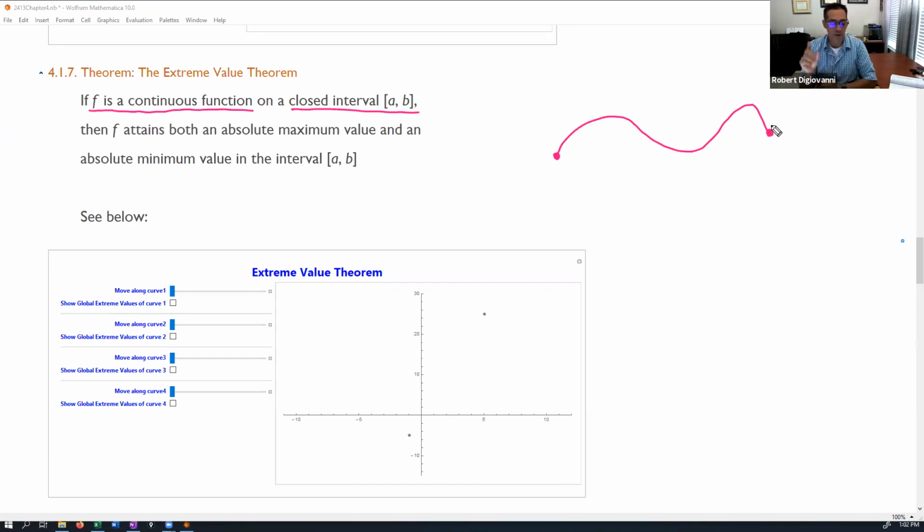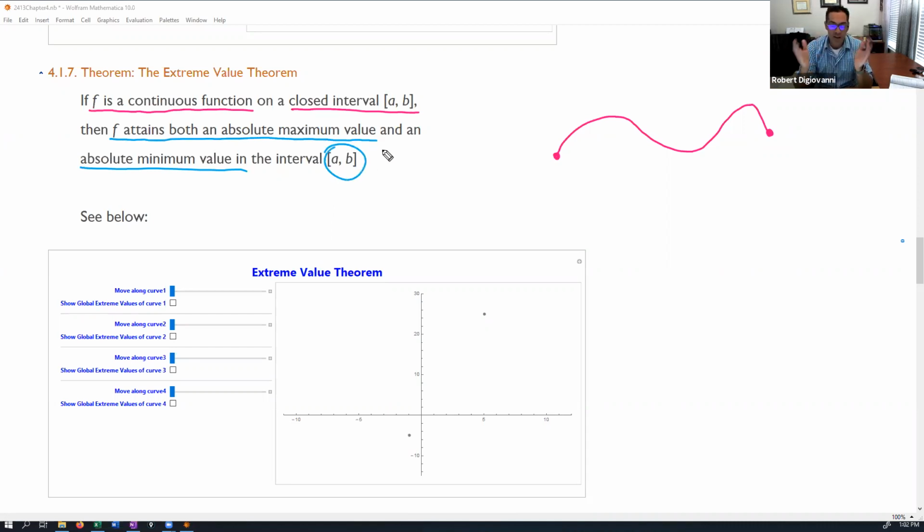So if we have those two conditions, that it's continuous and we are defined on a closed interval, then the conclusion is that f must attain both an absolute maximum value and an absolute minimum value on that interval.